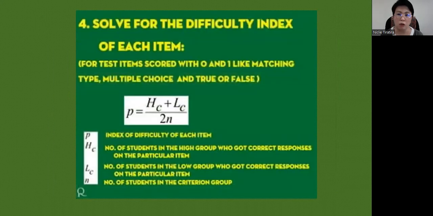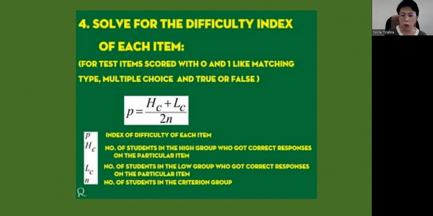Now here, let us see how we are going to solve for the difficulty index for each item. I have read a book from Anastasi on psychological testing, and the way it was mentioned in the book is that you have to arrange the scores from highest to lowest. Let us say there are 60 test takers, and you have to get 30% of that 60, which would be 18.